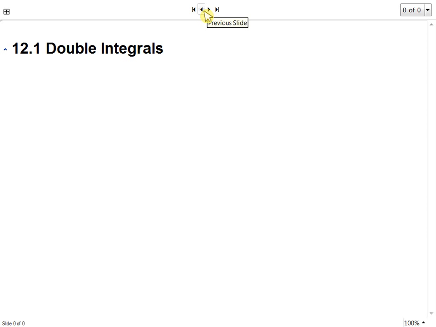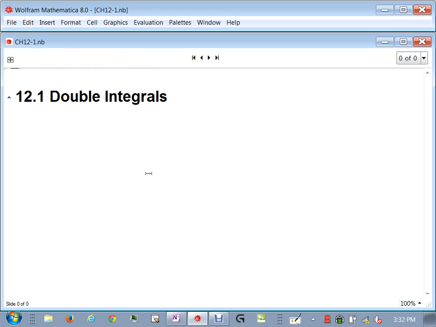Chapter 12 is titled multiple integrals. All right, so we've spent a lot of time in Chapter 11 talking about differentiation, right?